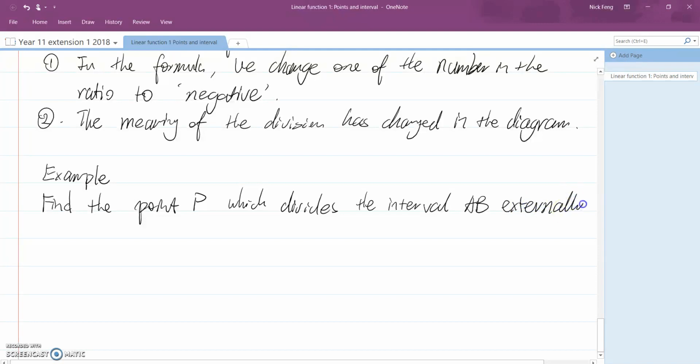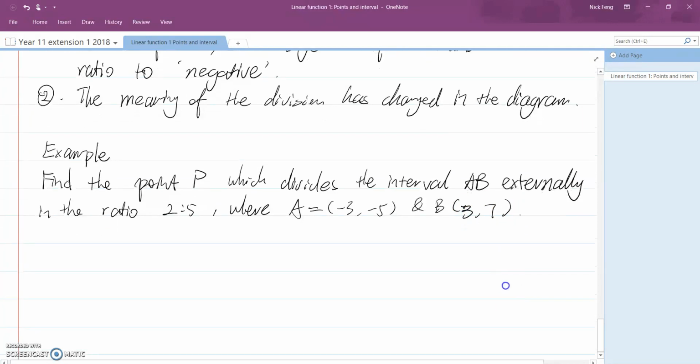Externally in the ratio 2 to 5, where A equals -3 and -5, and B is 3 and 7.